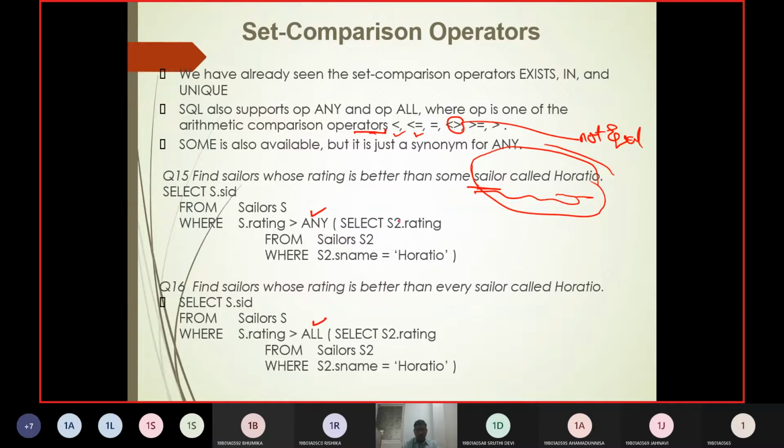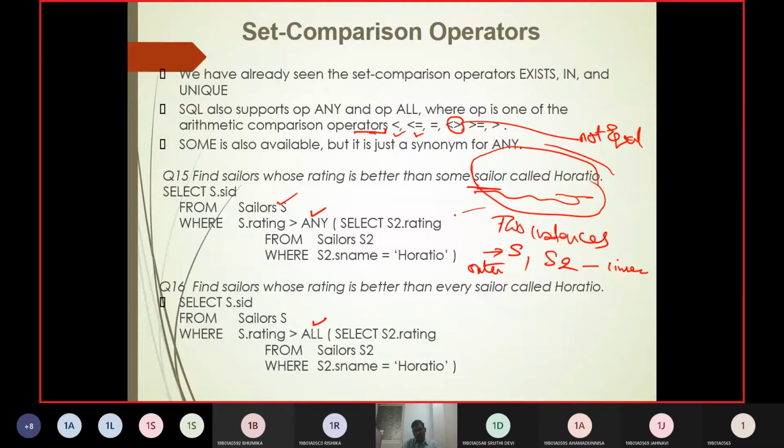As we are going to use a sailor database, we will create two instances. The first instance will be S and the second instance will be S2. S will be used in the outer, S2 will be used in the inner. So that was the difference.